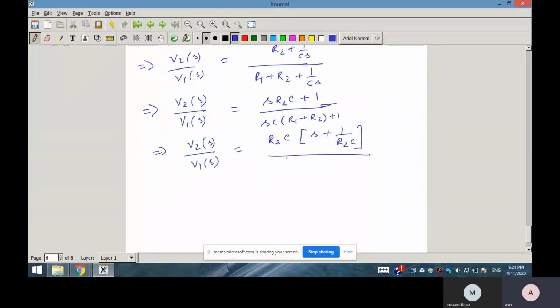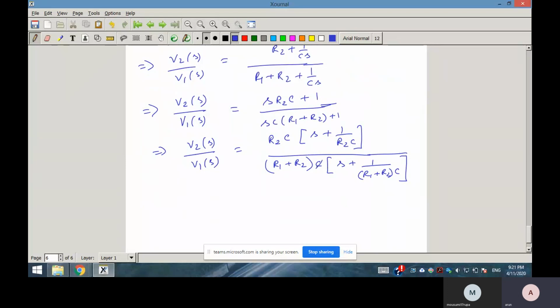And if you take R1 plus R2 into C common in the denominator, you get S plus 1 by R1 plus R2 into C.